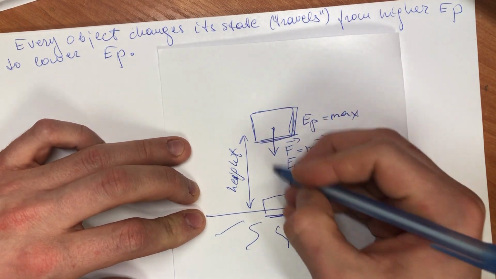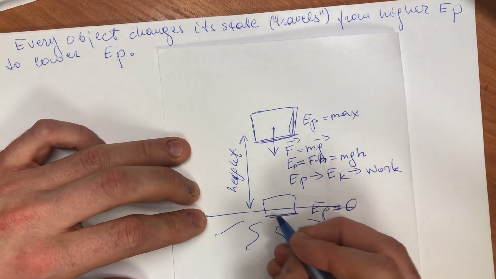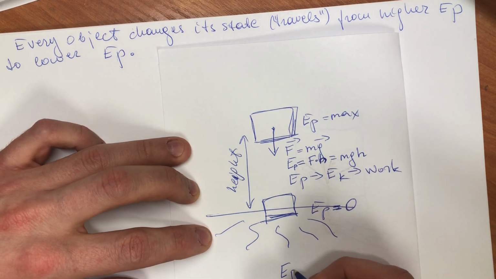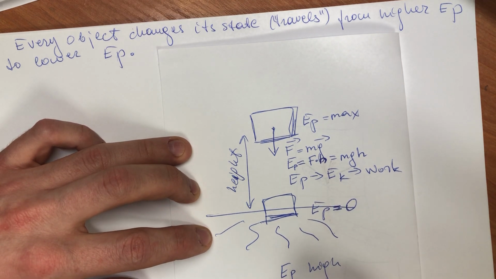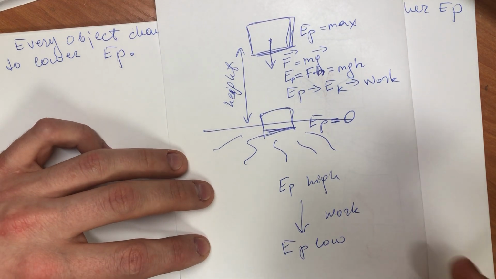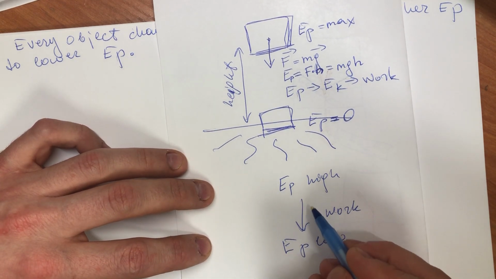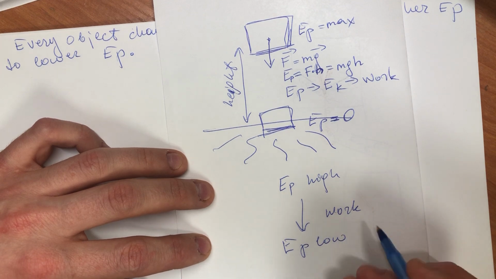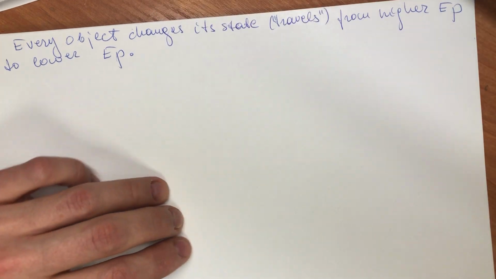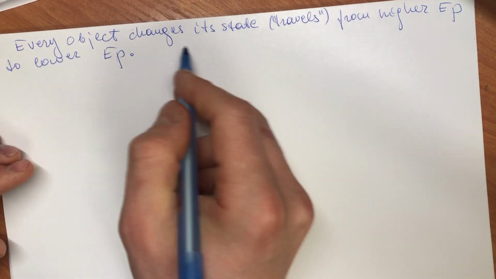Every object is falling down because potential energy is higher here, and by going from state EP high to EP low, it produces work. Potential energy, of course, turns to kinetic energy, and kinetic energy produces work, like we said here. So I wasn't lying about that.